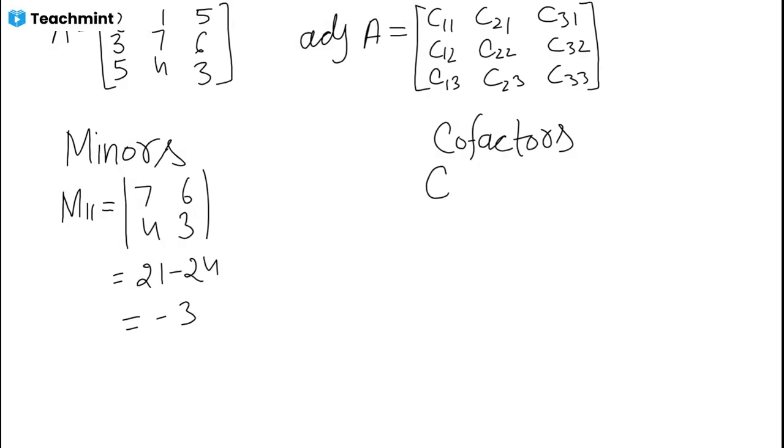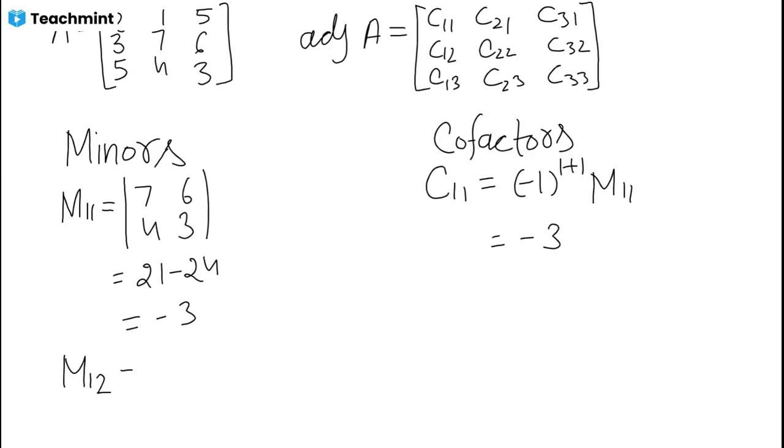So cofactor C11 is equal to minus 1 to the power 1 plus 1. Means we'll add these values, 1 plus 1. If we have C12, then we'll add on the power of minus 1, 1 plus 2. And just multiply M11. So obviously this is even power, then we'll get the positive value, means value of M11. Are you getting this?